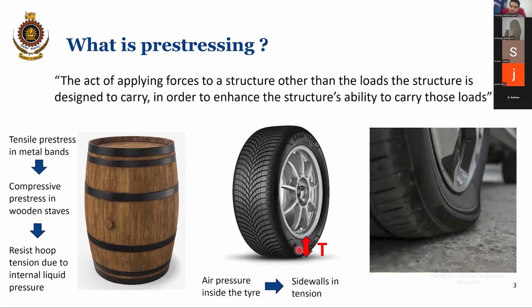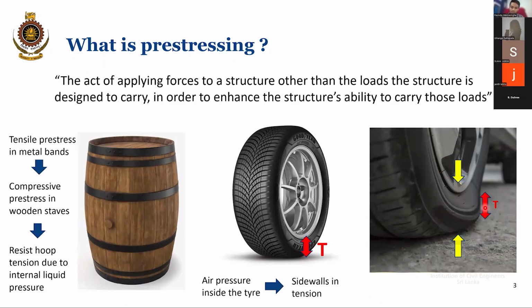Now, what will happen when the load is applied on these tires is this initial tension due to the air pressure will reduce due to the compressive weight of the car. And ultimately, what you will have is a lesser amount of tension in the tires. Due to the air pressure, there was a tension. When you load it, a compressive stress is applied, and compression and tension balance out, and some tension is left on the tire.